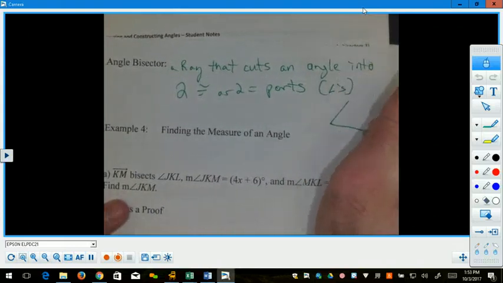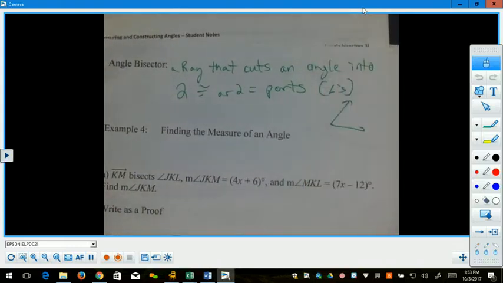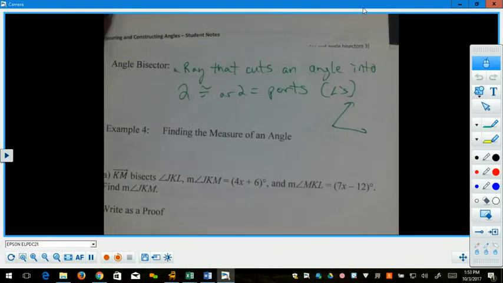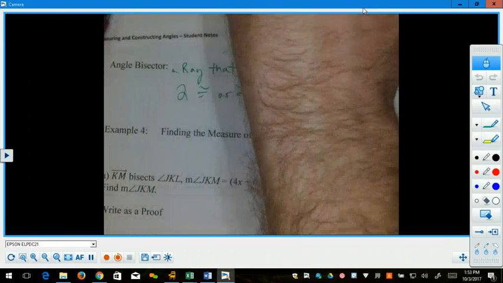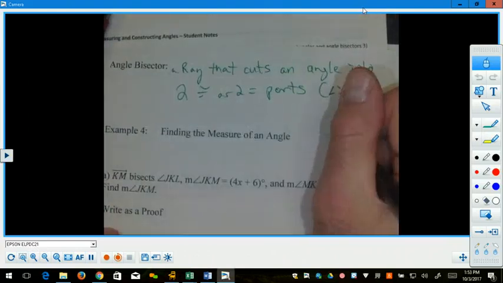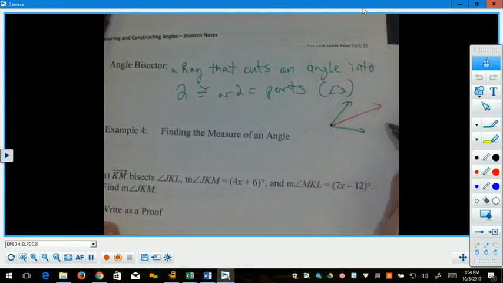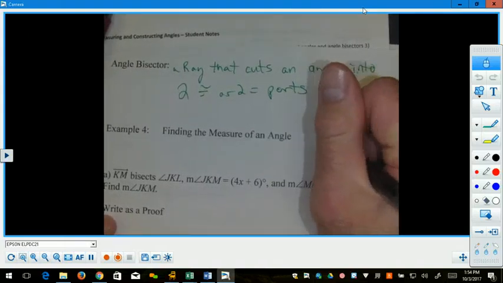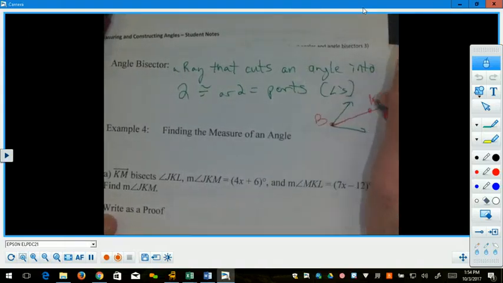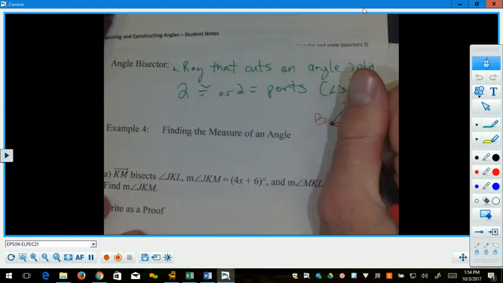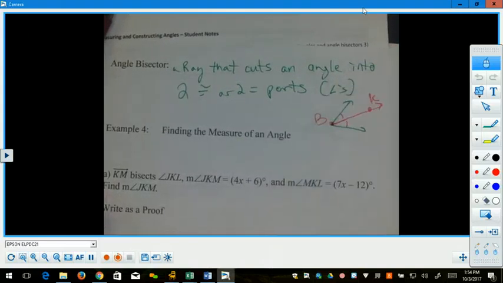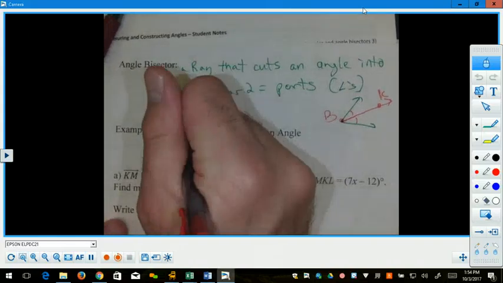So we have an angle here, and I'm just going to sketch it. I'm not going to draw it. To draw it, I would actually use a compass, and that's something we're going to be doing at the end of this lesson. So this is a nice little sketch of an angle bisector. BK, Burger King, is bisecting this angle, so it would actually create two congruent arc marks.